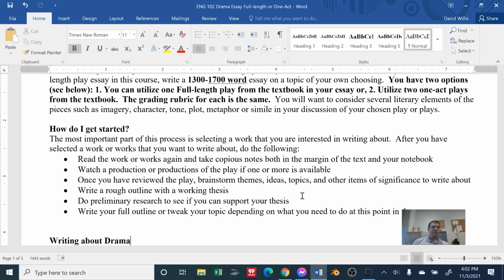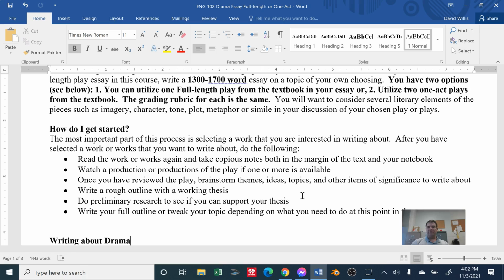Then write a rough outline and working thesis and do your preliminary research. Notice that creating a working outline comes before the research. This way, you can look for research that supports your ideas rather than using your research to replace your ideas.